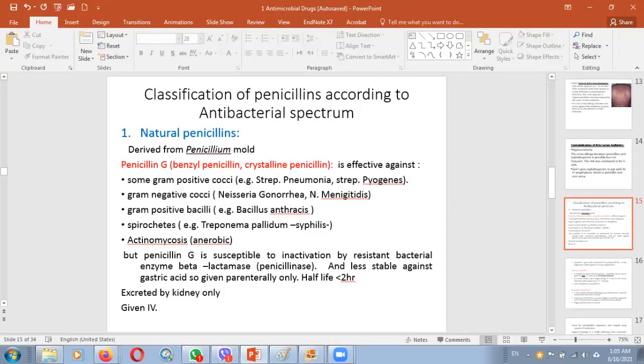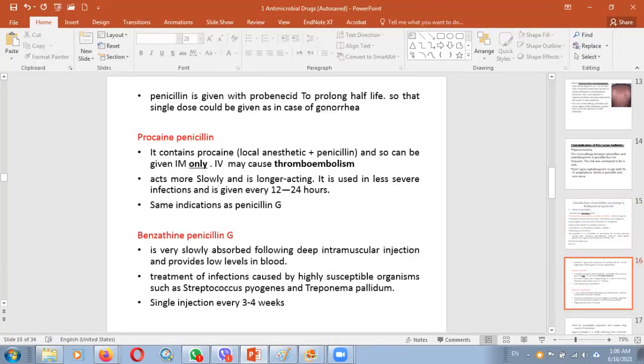So given parenterally only. penicillin G موجود على شكل حقن فقط، ما موجود على شكل كبسول أو tablet. يعني it is only given parenterally because it is sensitive for gastric acid. And half-life is short, less than 2 hours, and excreted by the kidney only and given IV, as we said before.